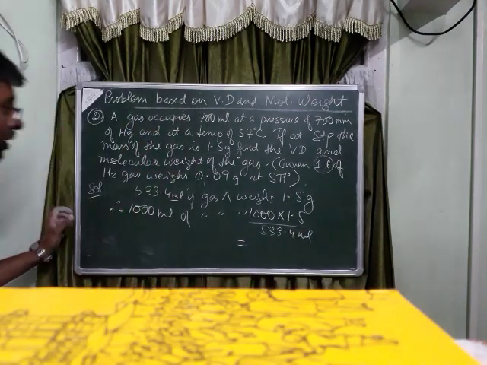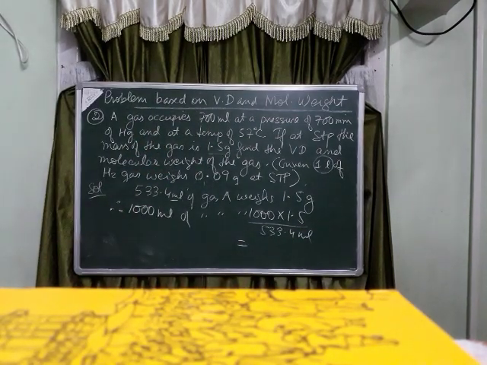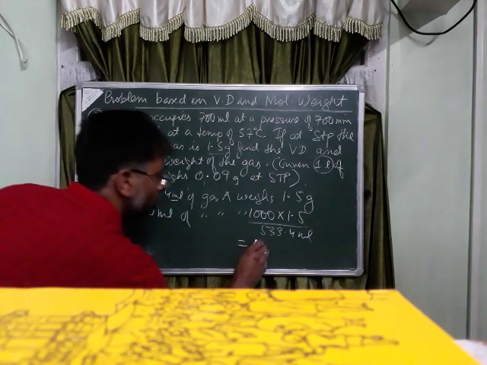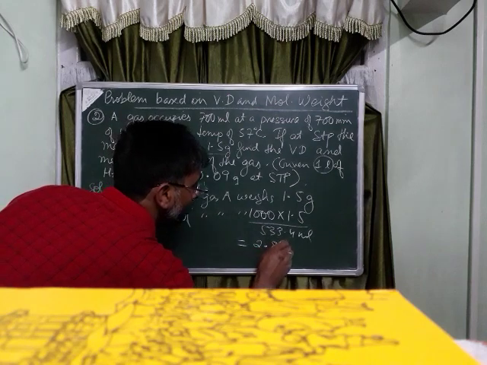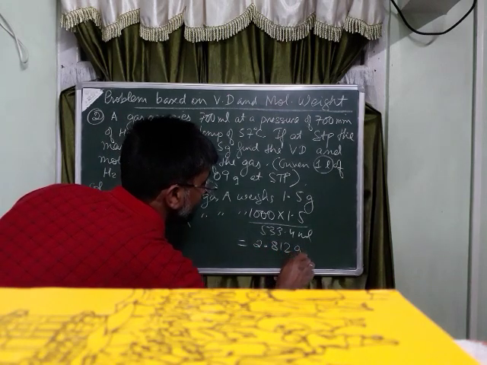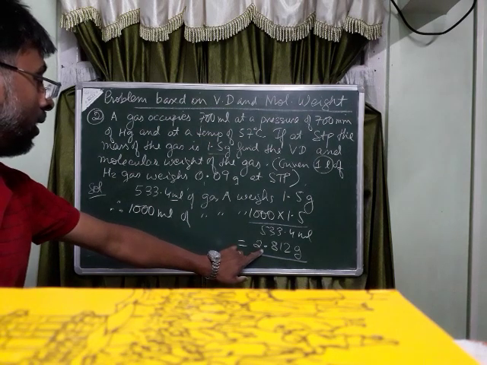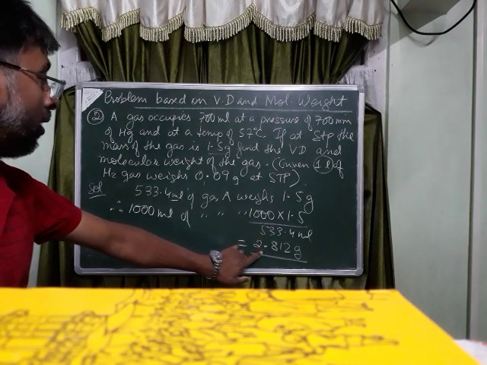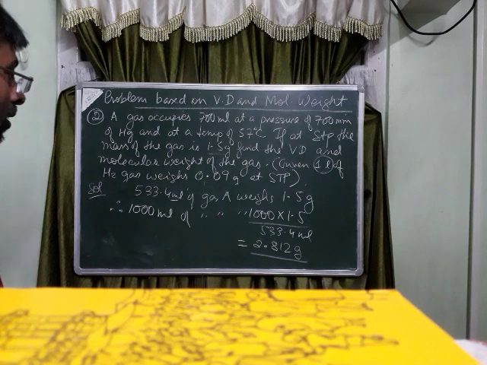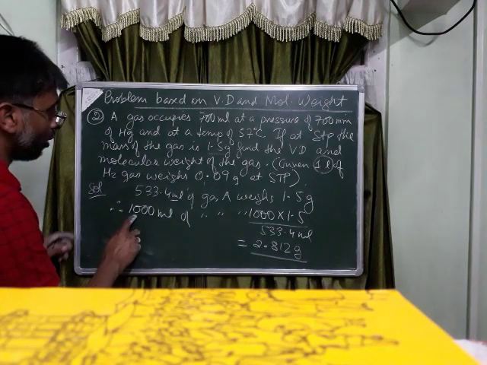Upon simplification, this comes to 2.812 grams. So this is the weight of gas A, which has a volume of 1000 ml.